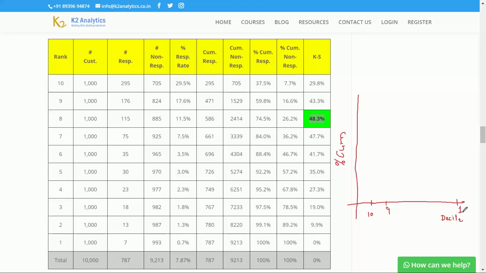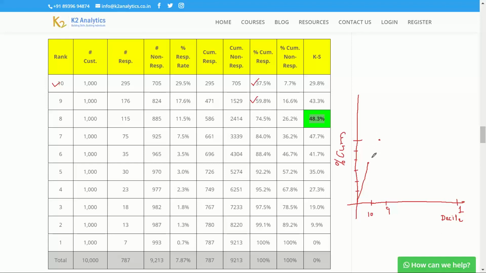What this is trying to say is, if you target only decile 10, you will have cumulative response captured 37.5. So here are cumulative numbers 10, 20, 30, 40. So somewhere here I'll have the cumulative 37.5. If I target the top two deciles, my cumulative will be around 60. So here it is 50 and then 60, and here there will be decile 9.